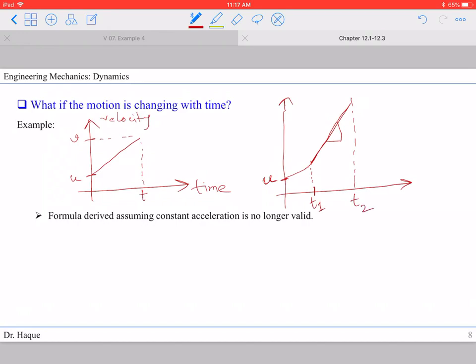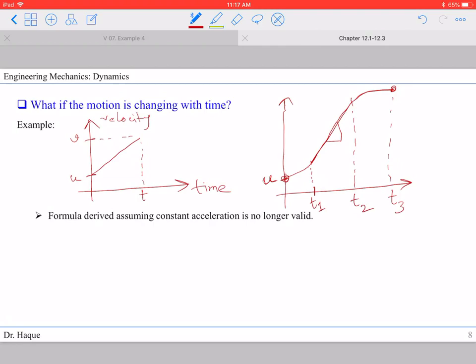Then, when I'm close to my destination, I slow down slowly, so my slope is again different. And finally I stopped here, for example at time t3. So that was my final.